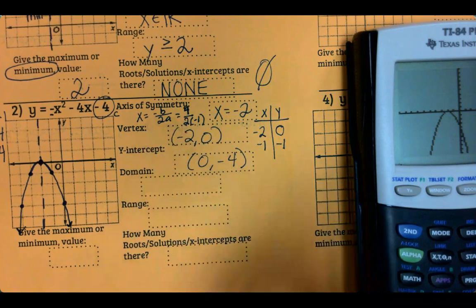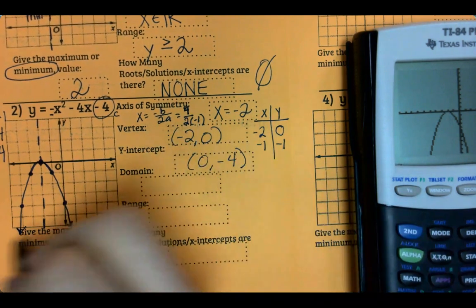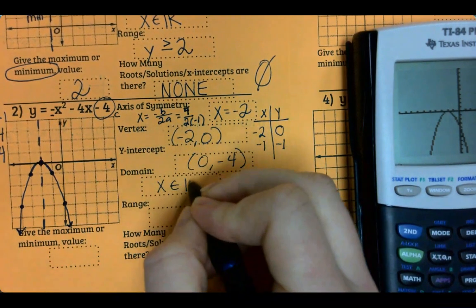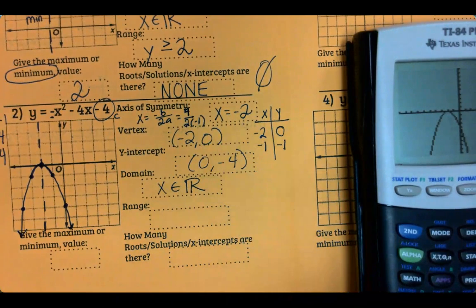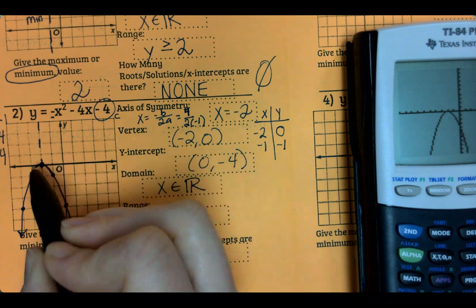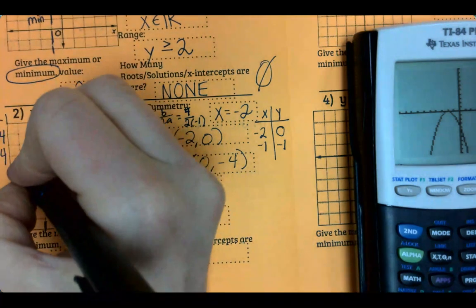Okay, your domain, since we have arrows going left and right, it's all real numbers. Okay, do we have a maximum or a minimum? Yep, go ahead and label it.